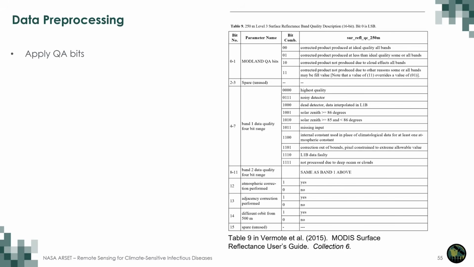So applying quality bits is a very important part of pre-processing. Once you apply quality bits, you will know where your gaps are. And that means that you might need to gap fill your data. Again, depending on your personal application, you will need to consider what you're going to do about gap filling.